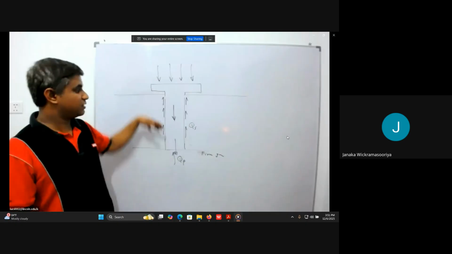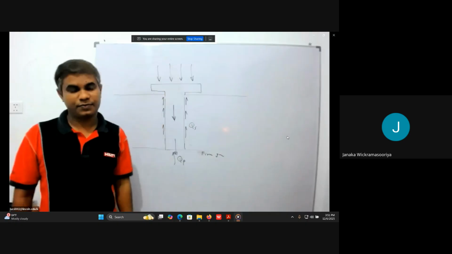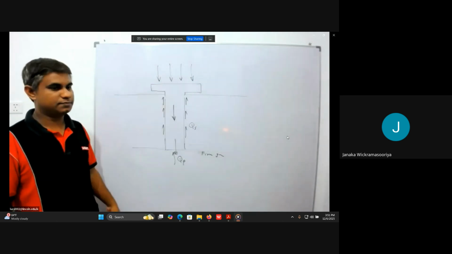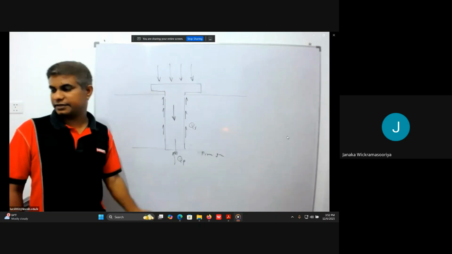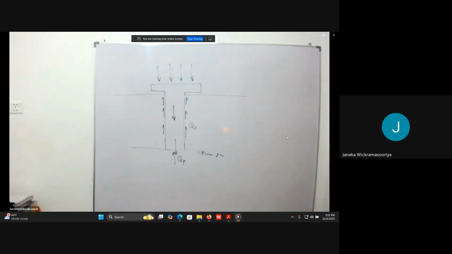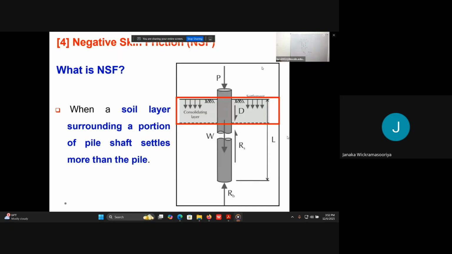However, the negative skin friction occurs downward. So partially, the building gets settled. That is what happens with the negative skin friction.